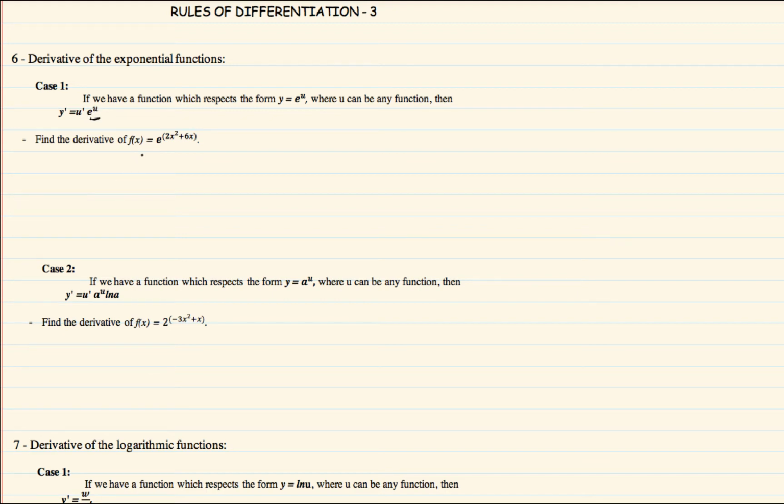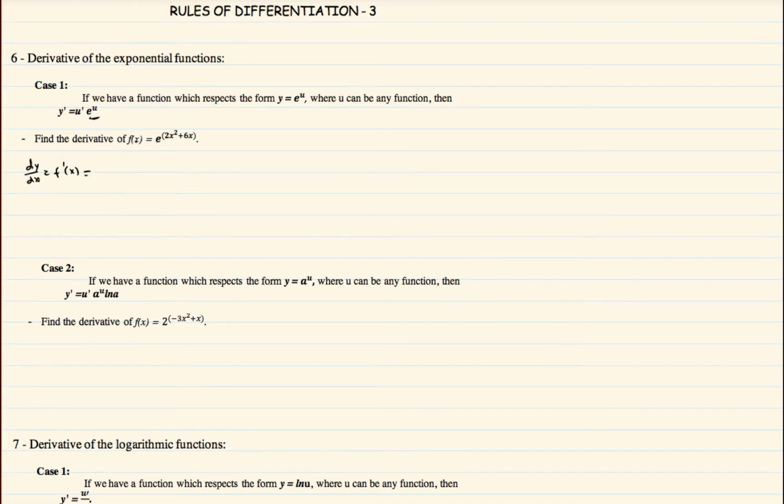The only transformation we have here is that we are differentiating the power of e. See this example. f of x is equal to e raised to 2x squared plus 6x. So they want to find the derivative of this. How do we solve this? So dy by dx is equal to f dash of x. We have to find the derivative of this power and then multiply by the original function.